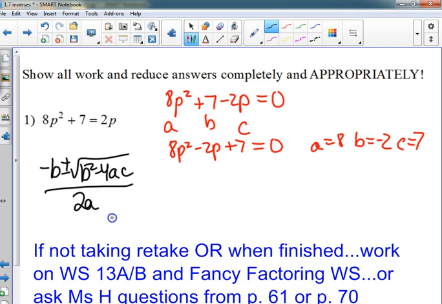Before we do that, let's predict what kind of zeros it's going to have. How do we do that? We do b squared minus 4ac, which would be b squared minus 4 times 8 times 7.